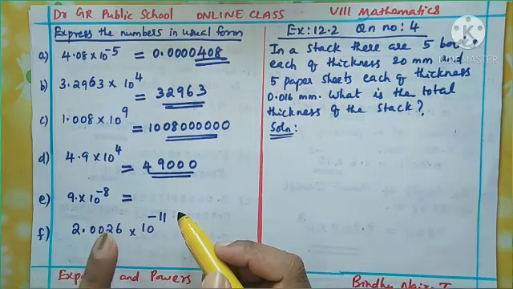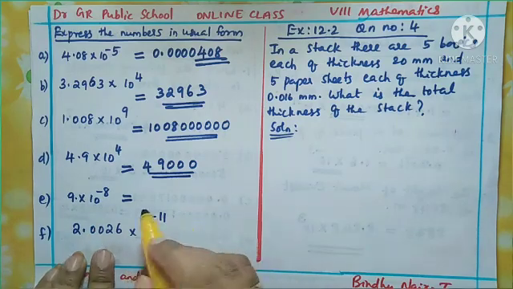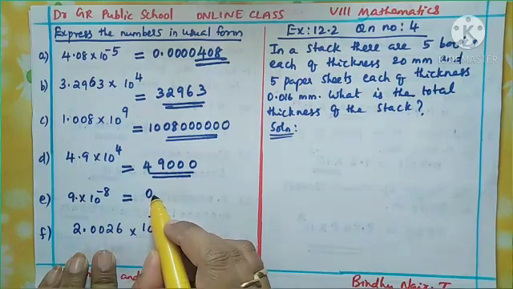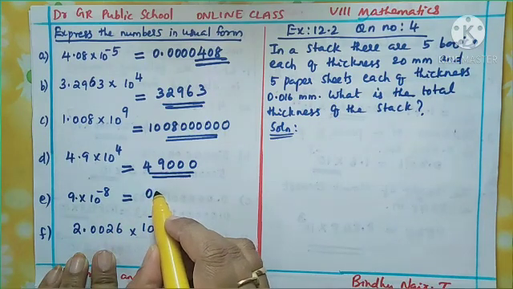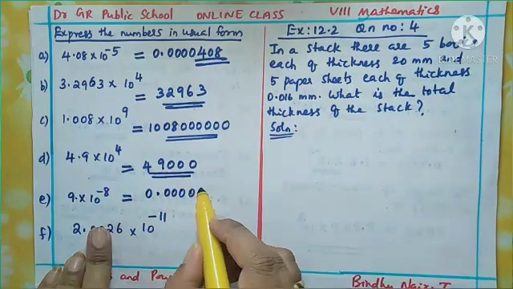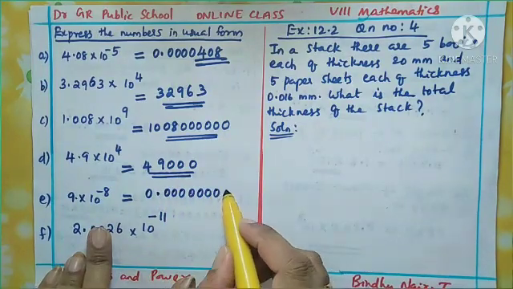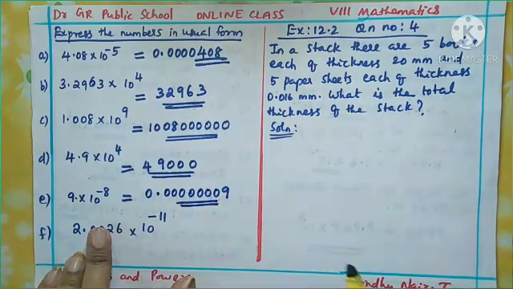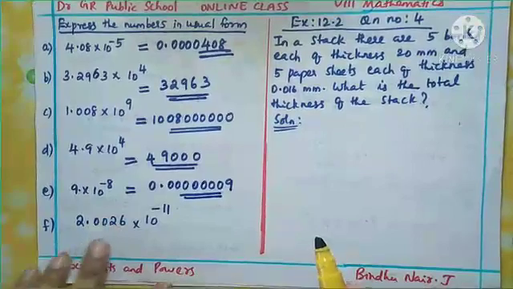Yes, very good, 7 zeros will come. So this represents a very small number. You want to put 0 point, how many zeros? 7 zeros: 1, 2, 3, 4, 5, 6, 7 zeros and this 9. So this represents the usual form of the number. Now one more question.